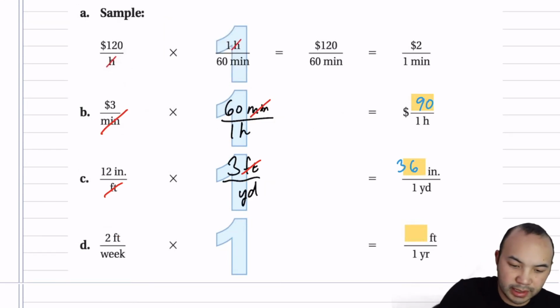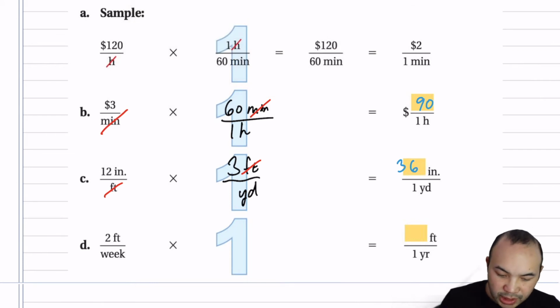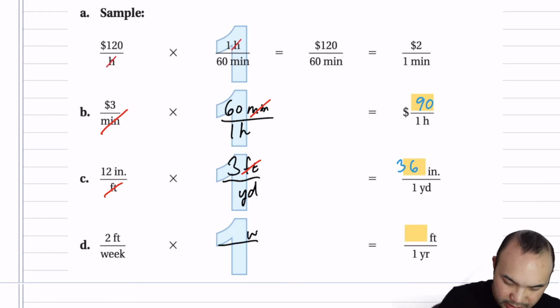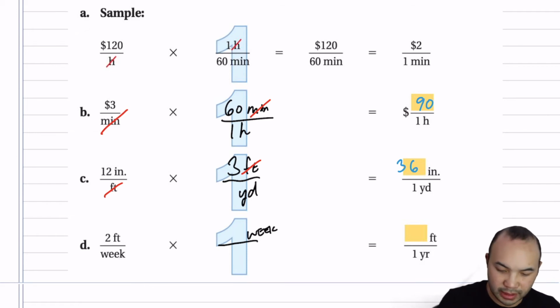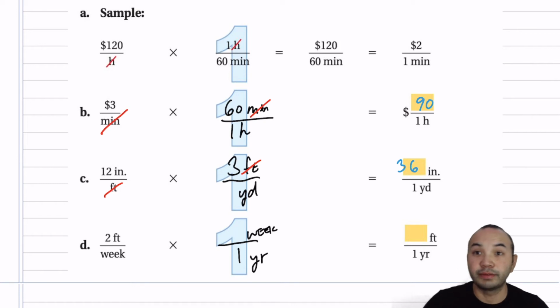All right, and then just to finish it off for good measure, 2 feet per week. Feet stay the same, but I want to change weeks to years. So I'm going to put weeks on the top because I want to cancel out the weeks, and I'll put year on the bottom. Maybe some people don't know this, but in 1 year, there are 52 weeks.